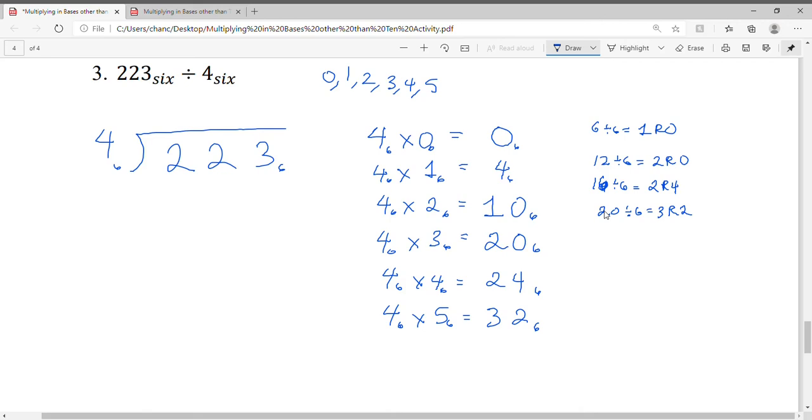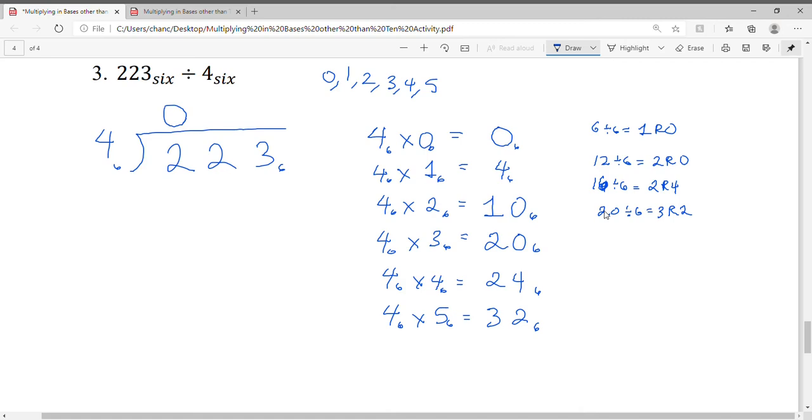4 times what gives you close to 2 in base 6? Well, the closest I can get is a 0. So we can put a 0 up here if you want. That's perfectly fine. Then we'll move on to the next two digits. 4 times what gives me close to 22 base 6? Well, the closest I can get without going over is 4 times 3.